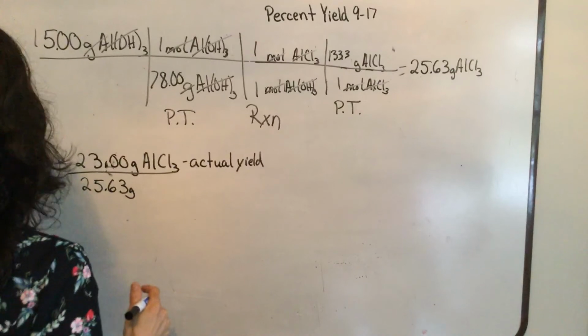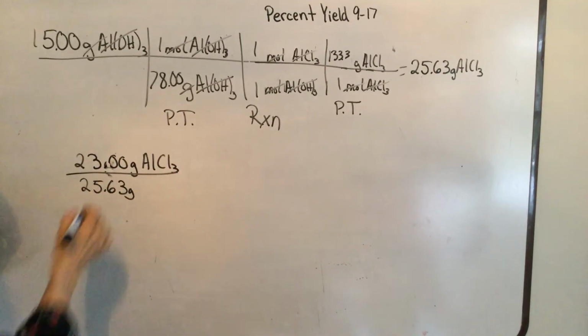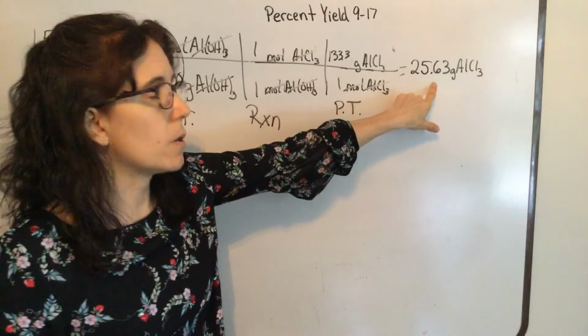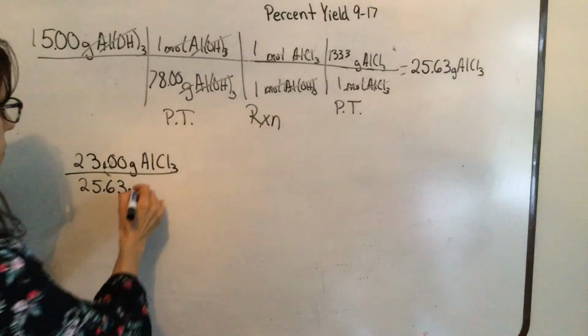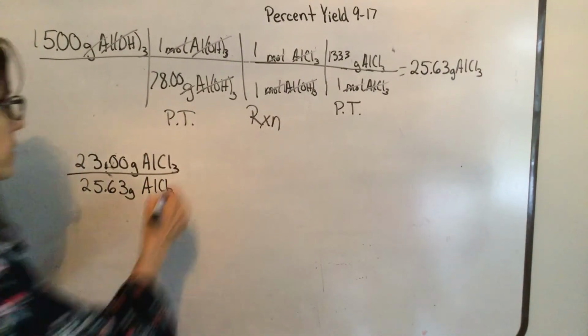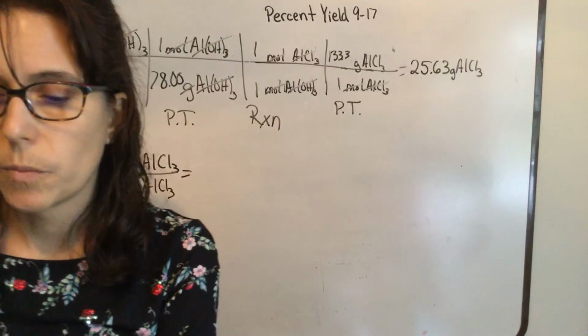All right, so we are just going to take the actual results over the possible, how much could it possibly get, the theoretical yield, and we're just going to divide those and make it into a percent, so we'll multiply by 100.